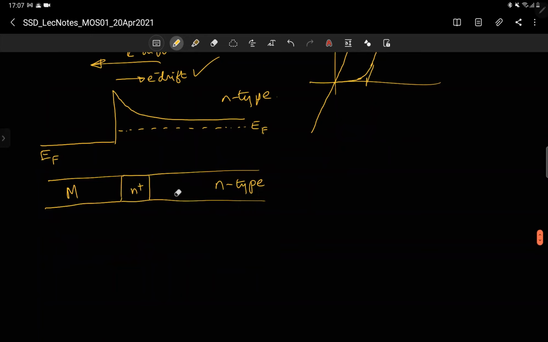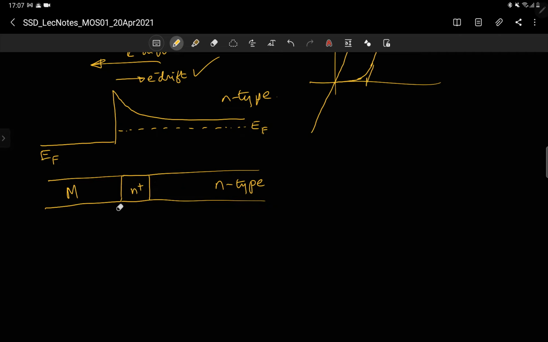Between n plus and n, because both are electrons, n plus supplies electrons this way, or current can flow this way. So the flow between n plus and n will not have any problem at all, because they're all electrons. There won't be any difference between n plus and n, so electron movement can easily happen between them.